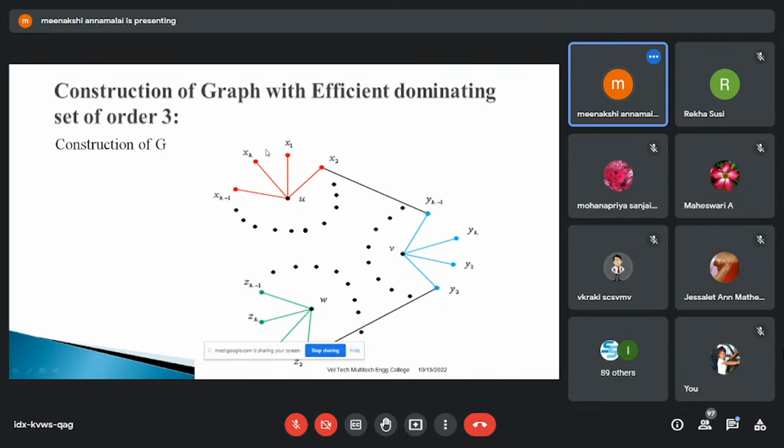Now define the vertex set. So what are the vertices of this network? u, v, w, and the k1 neighbors of u, k2 neighbors of v, and k3 neighbors of w.